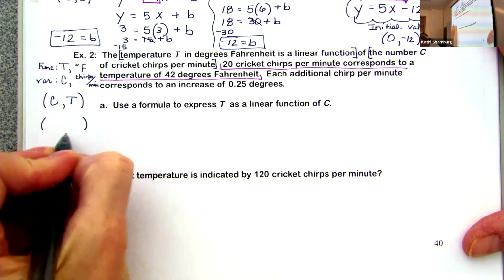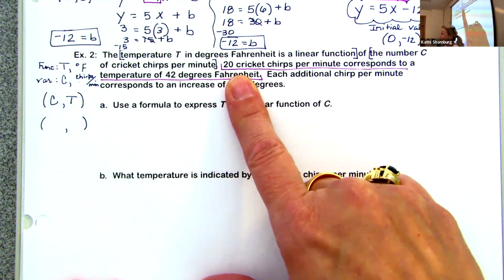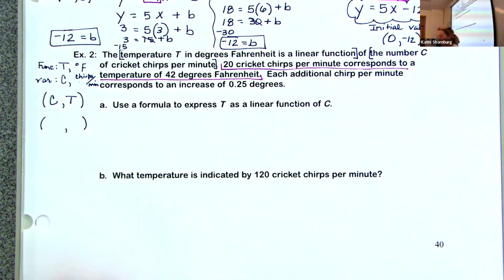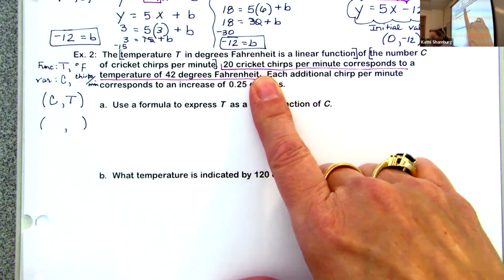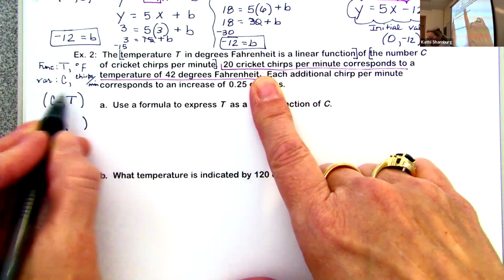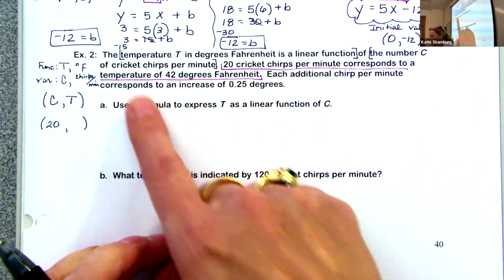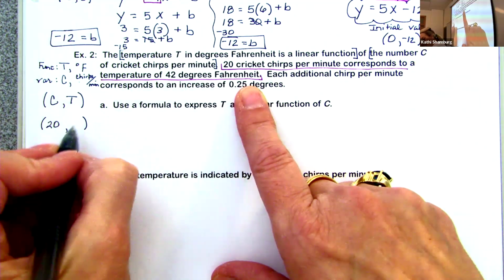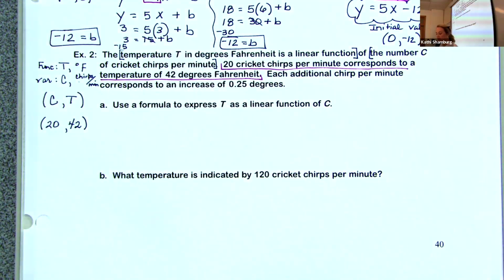So just be careful. 20 may go first, but it might not. Don't just assume. 20 goes with cricket chirps, and cricket chirps is your variable. So sure enough, 20 will go first, and then 42 degrees Fahrenheit. So that does give us the ordered pair (20, 42).